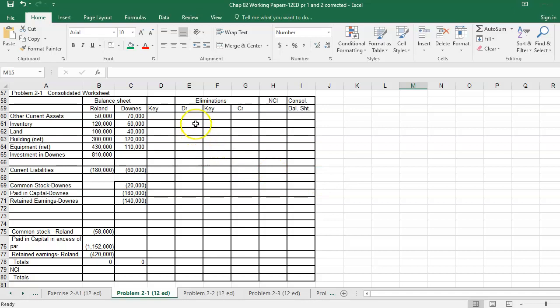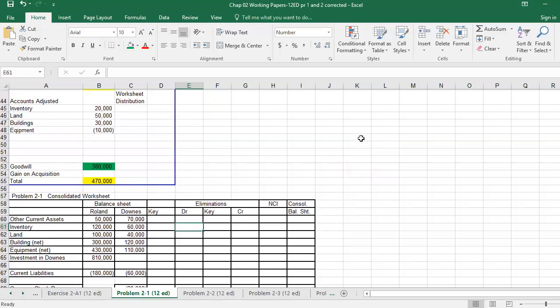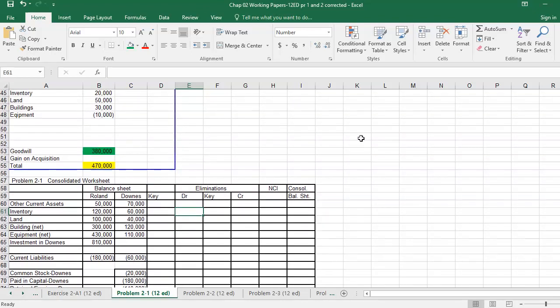All right, first of all, I have to increase the values of these assets up here, increase or decrease. So inventory, I'm going to increase by 20. Land, I'm going to increase by 50. The buildings, I'm going to increase by 30. The equipment's got to come down by 10.